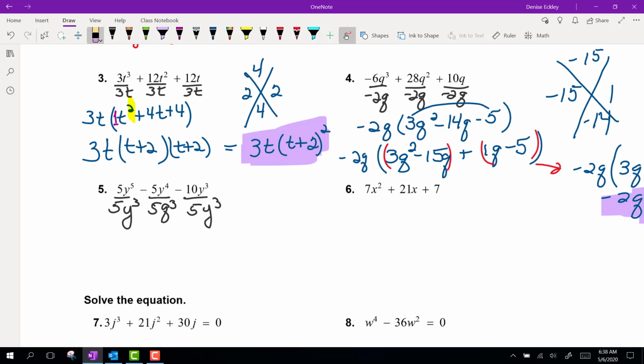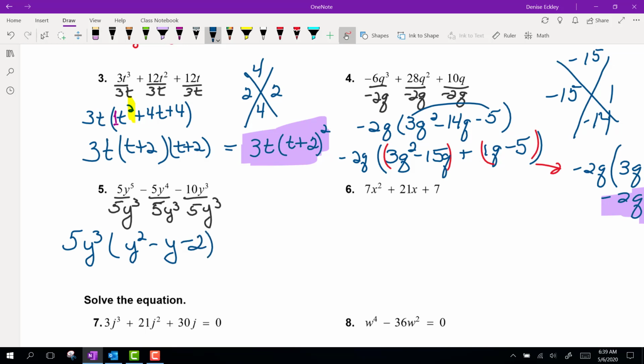I don't know why I made that a Q from the last problem, I guess. Okay, so in front I have the 5y to the third, and then I'm left with y squared, because I subtract the exponents, minus y minus 2.